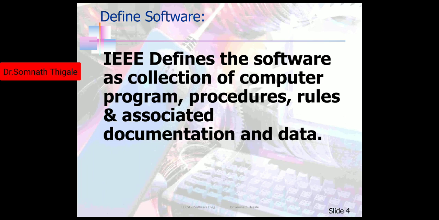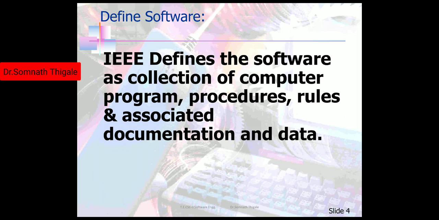Simply put, software is equal to computer programs plus procedures plus rules and an associated set of documents. Programs are nothing but instructions. Procedures tell how to run all these parts. We simply call these rules and regulations. Procedures are nothing but prototypes.